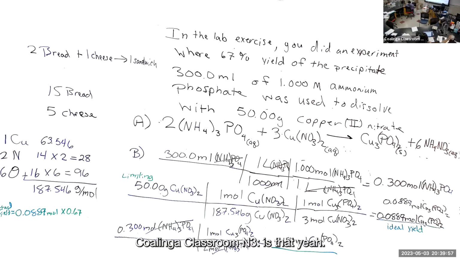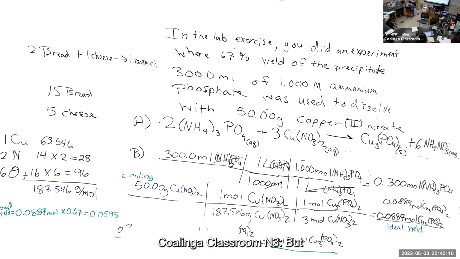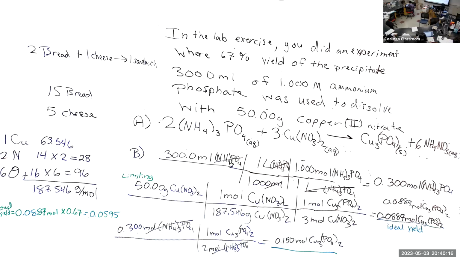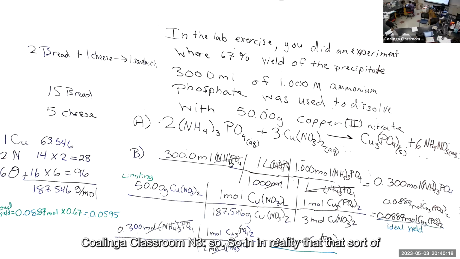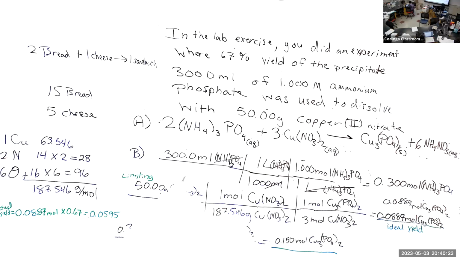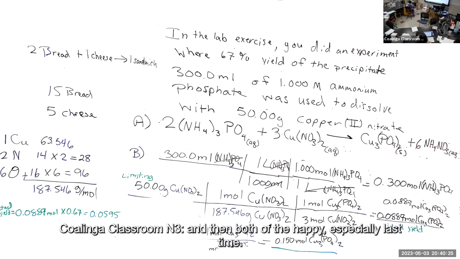Okay, you get 0.0595. But there's a 6. Wait, no, wait a minute. So in reality, that first zero won't even matter, right? No, this first zero always matters because it's a placeholder. Then go to the numbers.